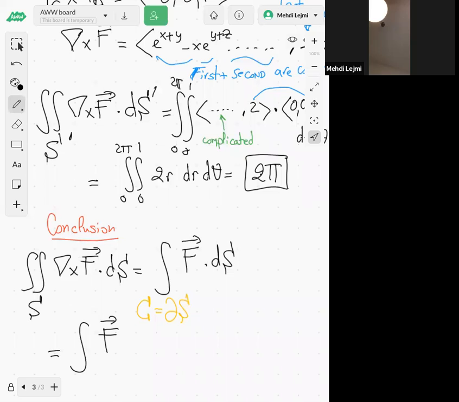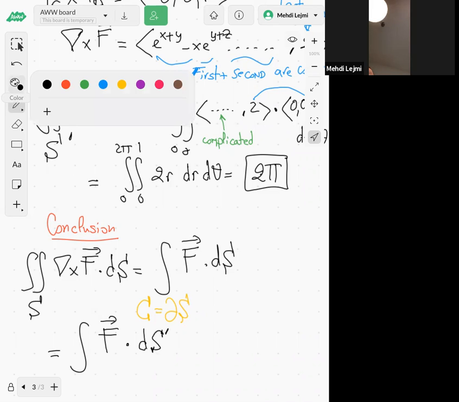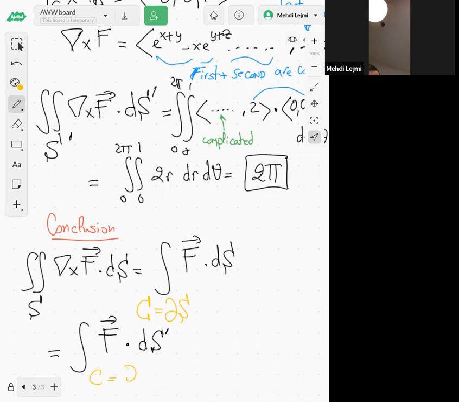But I'm going to use a different surface, S prime, which has the same boundary as S. So this is just the same integral, along the curve C, the boundary of S prime. As I said, this is also hard to compute. These two are just the same.